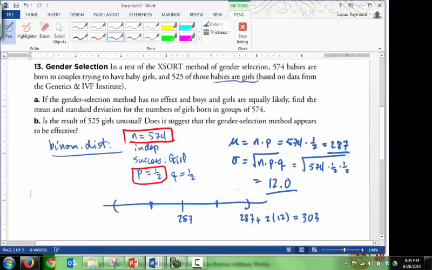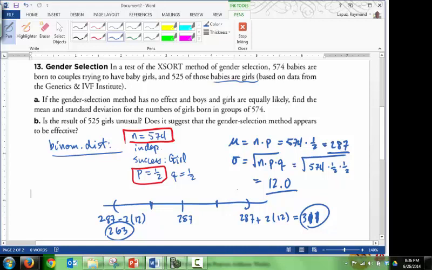Did I add that right? Probably didn't. 287 plus 24, yeah, 311. And then 287 minus 24, 263.